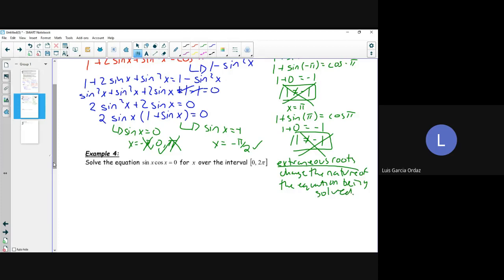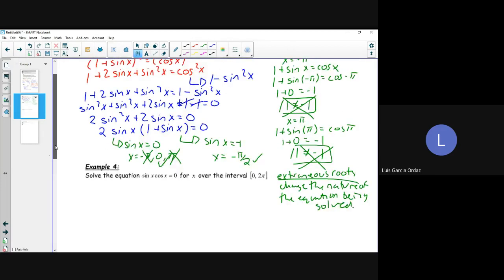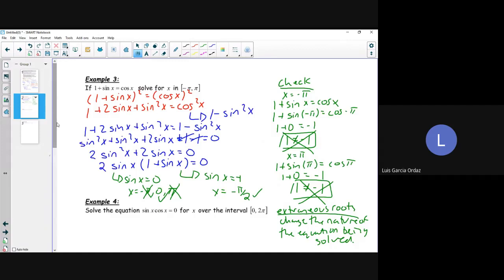So in this case, we needed to square both sides, and by doing that, that changed the nature of the equation, okay? And in turn, when we did that, it gave us extra roots that didn't work. So therefore, the only solutions in this question are x is equal to 0 and x is equal to negative pi over 2.